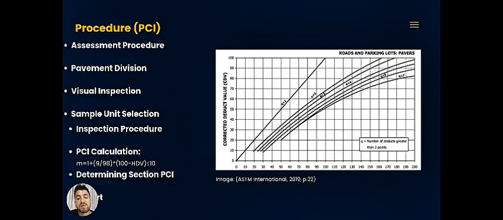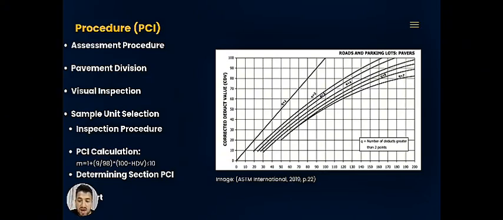Calculate the maximum corrected deduct value (CDV) according to the iterative process. To determine the PCI, subtract the maximum CDV from 100.